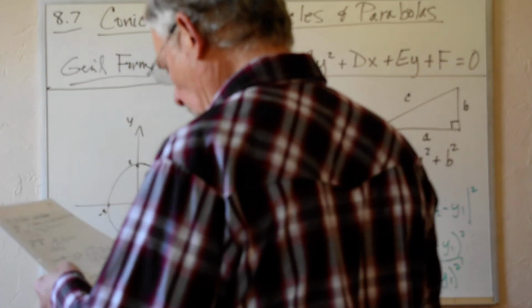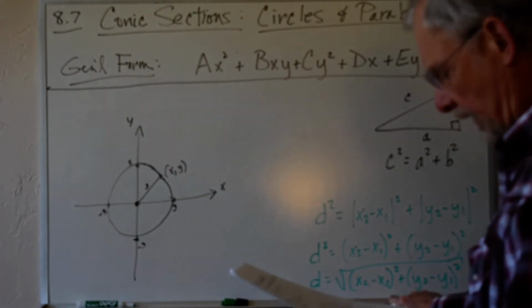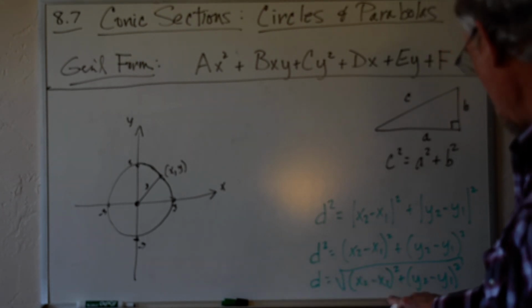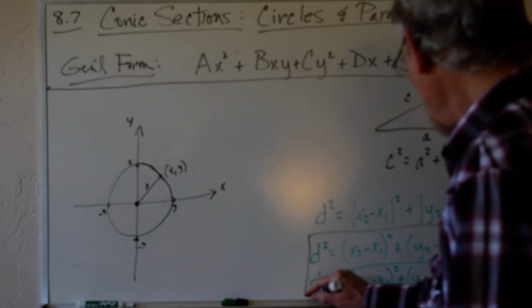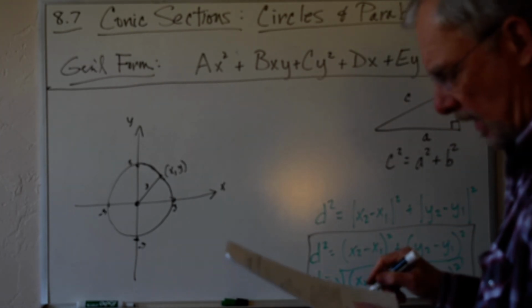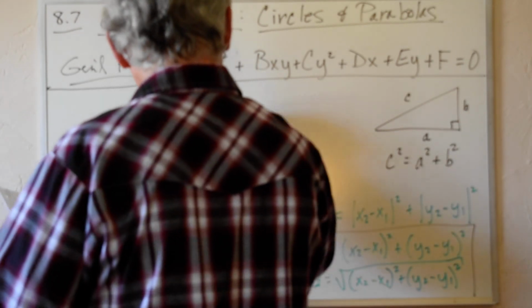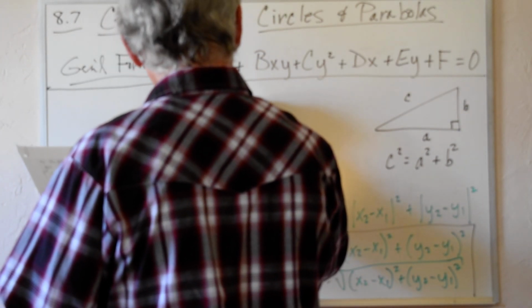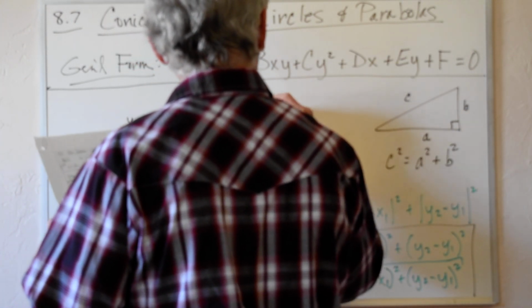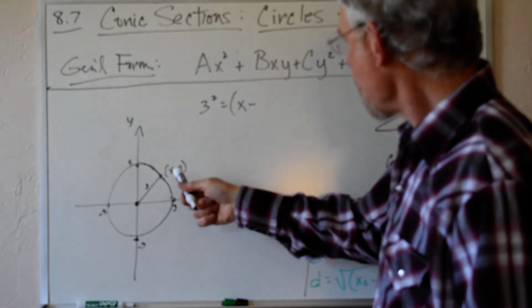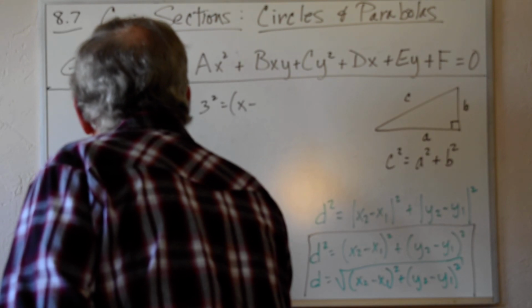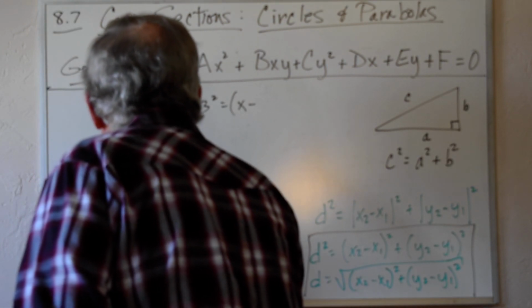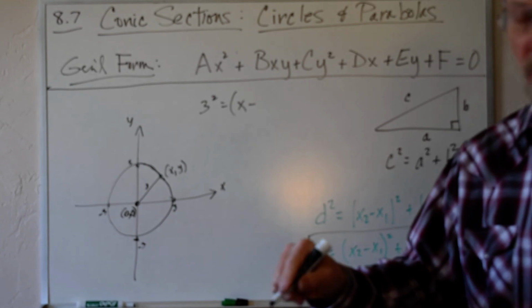So if I plug this into the distance formula, and I'll plug it into this higher up form, the distance squared formula, I'm going to get this. 3 squared equals x minus 0, right? Because the other point that we're measuring the distance to is the point 0, 0.